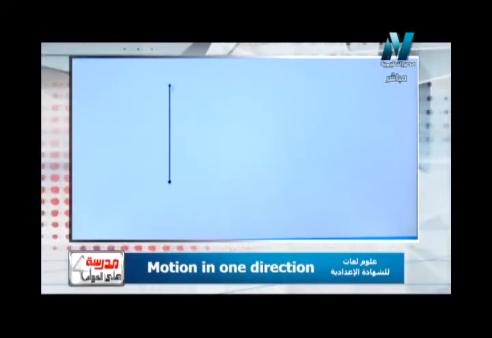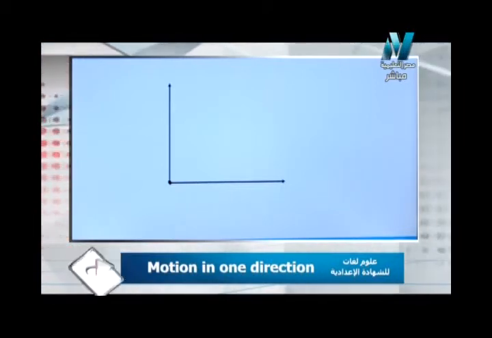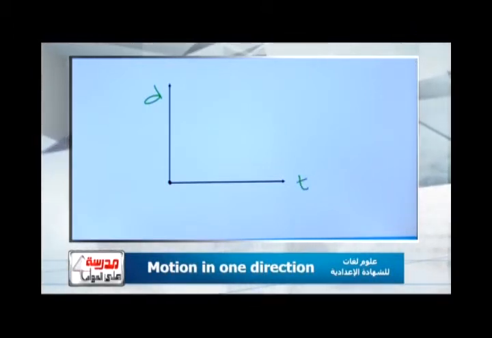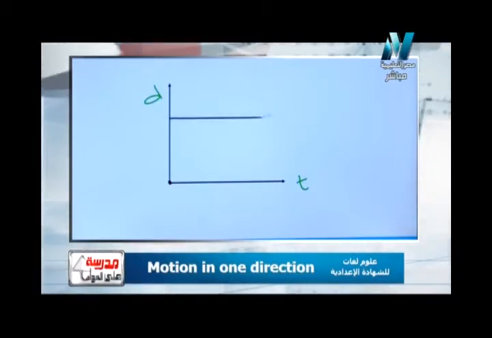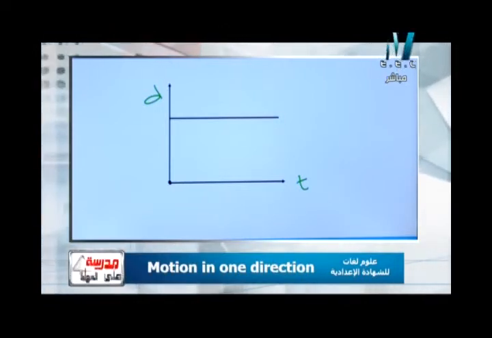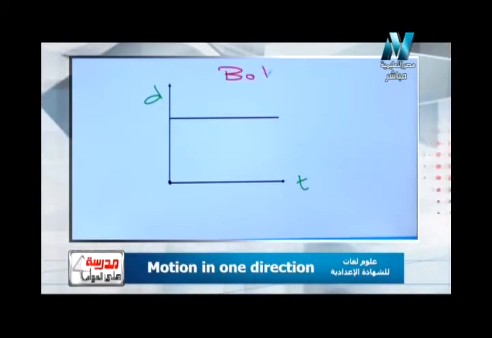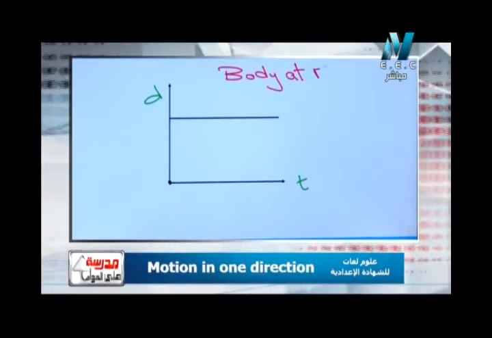As you see, in this graph we have D and T. We can draw a straight line parallel to the time axis, as you see. So what does this graph represent? This graph represents a body at rest.